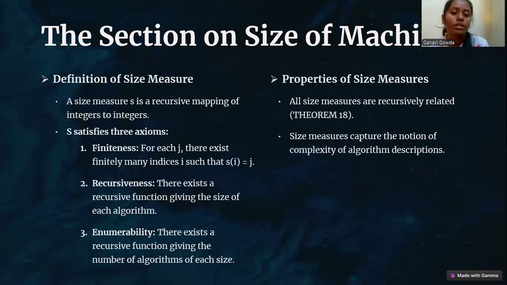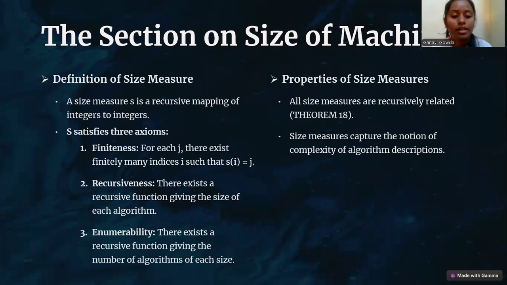Definitions of size measures. A size measure S is a recursive mapping of integers and integers to the integers. S satisfies three axioms: finiteness, recursiveness, and enumerability. Finiteness: for each j, there exist finitely many indices i such that S of i is equal to j.